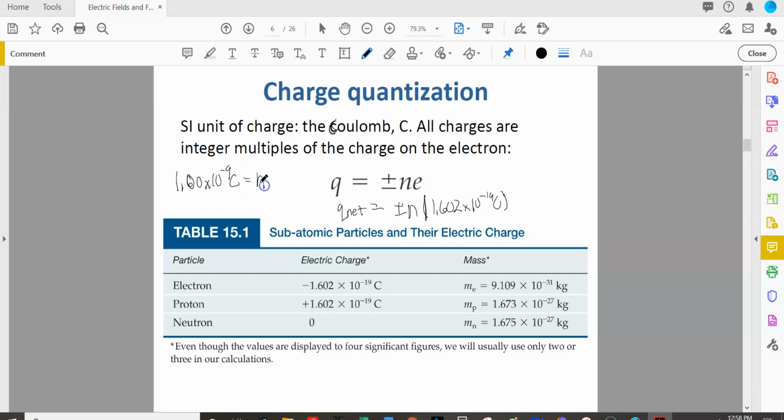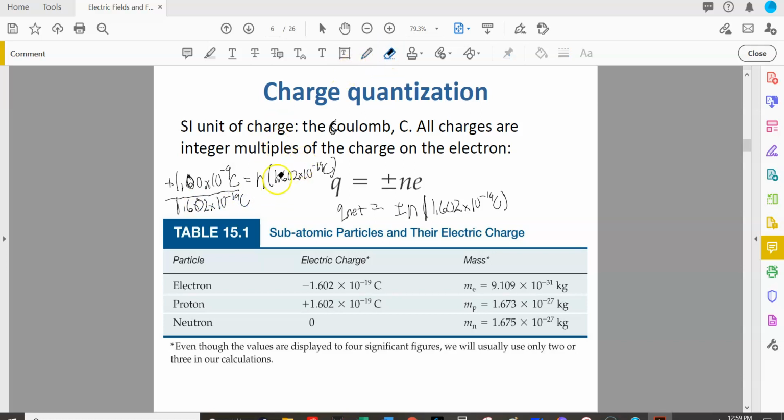And let's say it had an overall positive charge on it. Well, to figure out the total number of protons here, you divide this by 1.602 times 10 to the negative 19th coulombs.